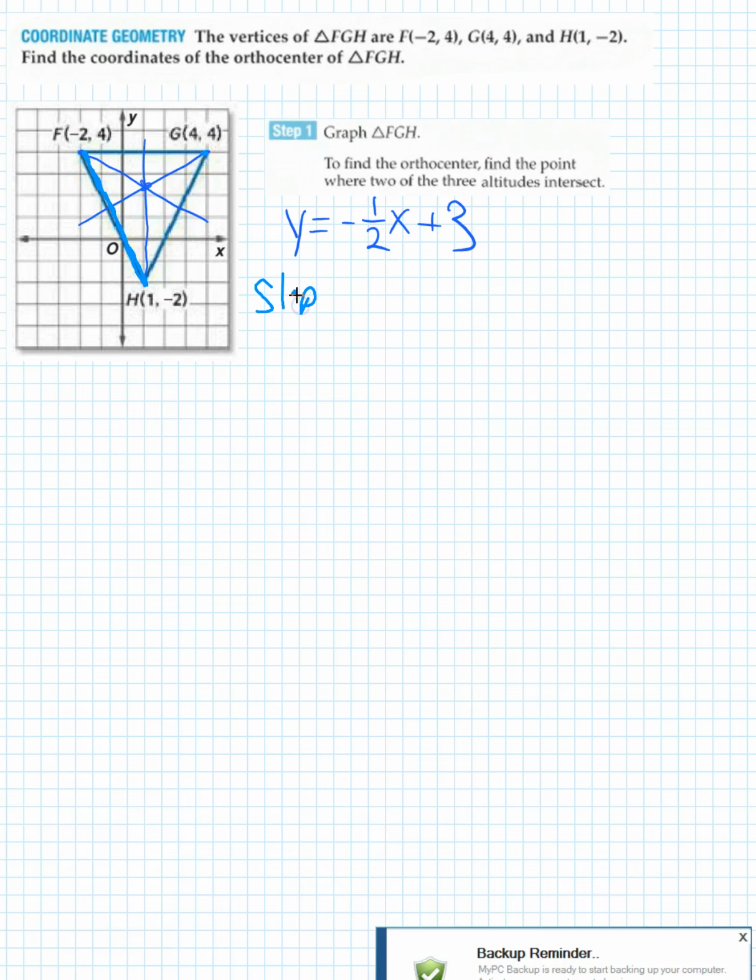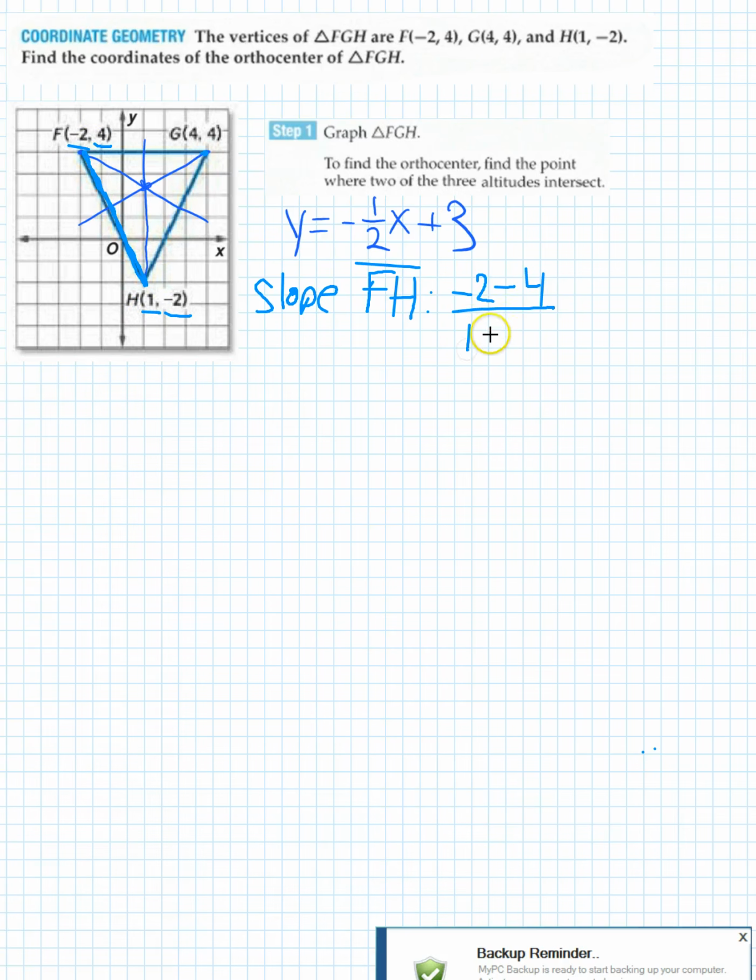So let's first find the slope of FH. Okay, to find the slope of FH, we do y2 minus y1. So let's go ahead and use this, and this is our y2 and y1. Negative 2 minus 4 over my x2 minus x1.